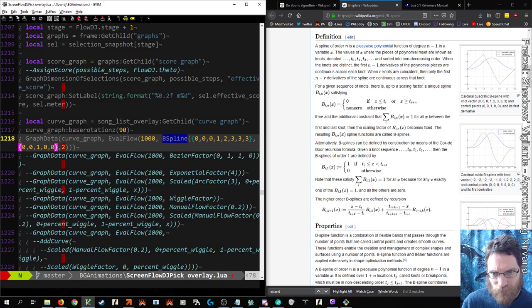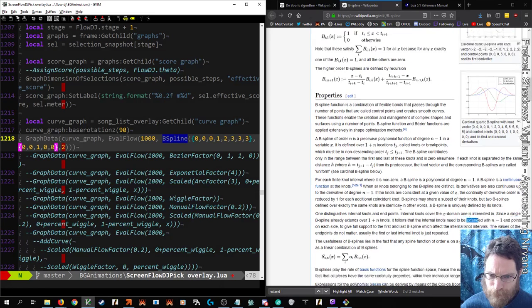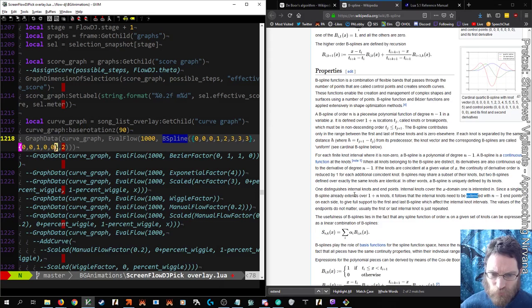Spline of order n, degree n minus 1 in a variable x. Extends over 1 plus n knots. So this would be of 3. Extended by n minus 1.